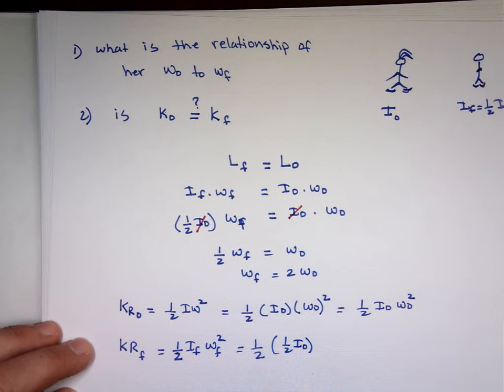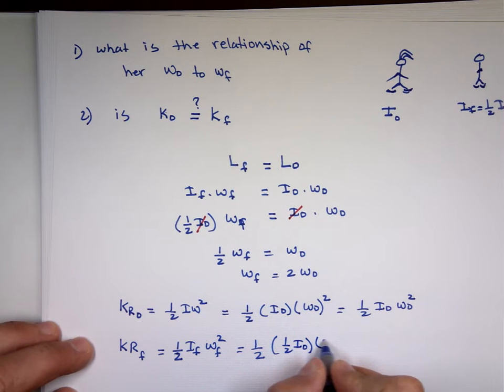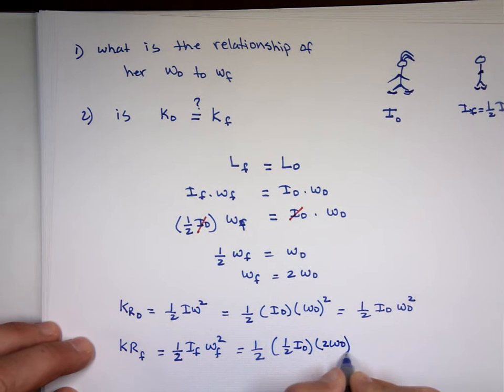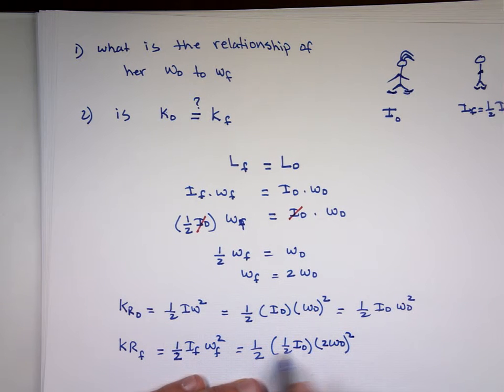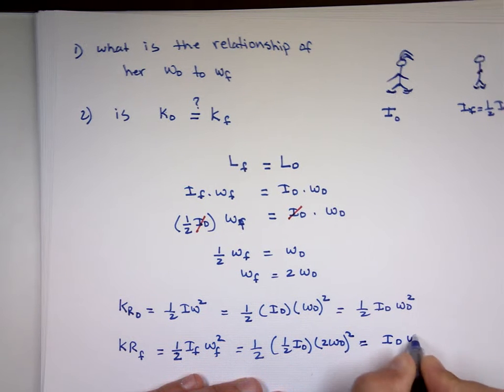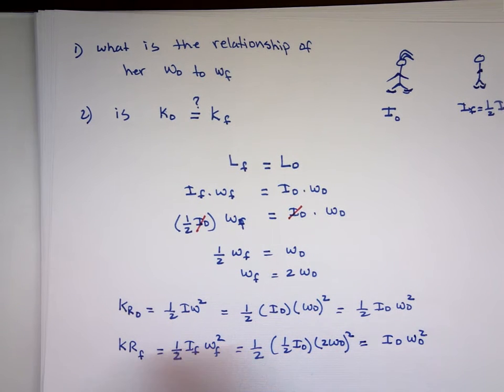And W final is what? Twice the initial, squared. This will give me a 4, this will give me 1/4. The 4s will cancel. That's what the final kinetic energy will be.